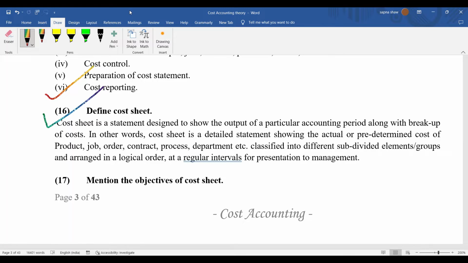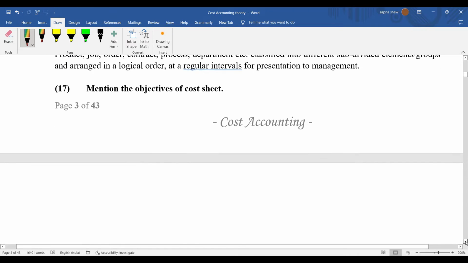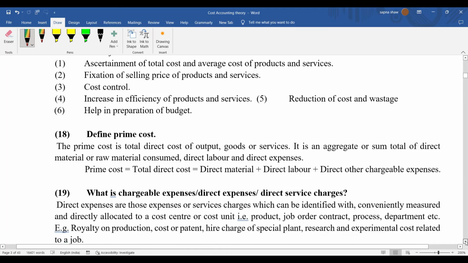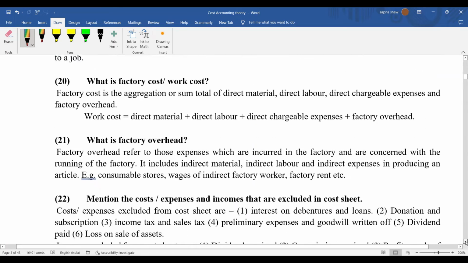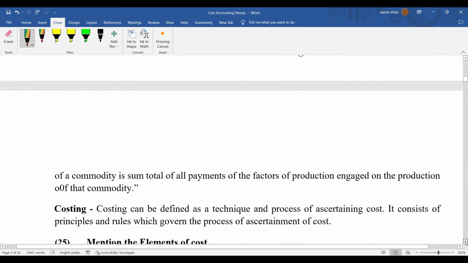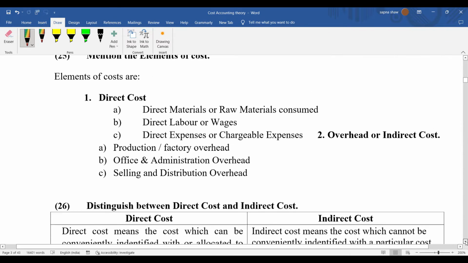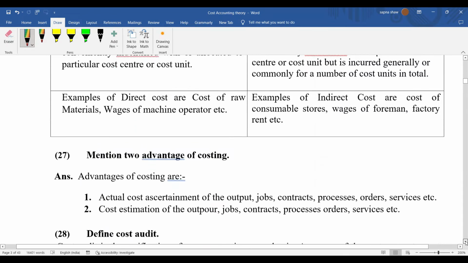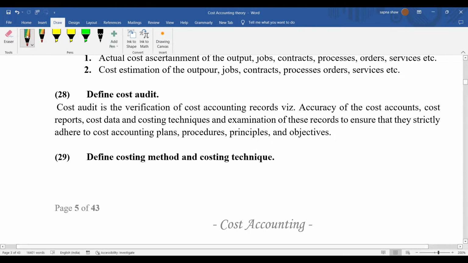So we have discussed what is cost sheet. Now we will discuss the theory related to cost sheet. There are theory questions related to cost sheet till question 27.